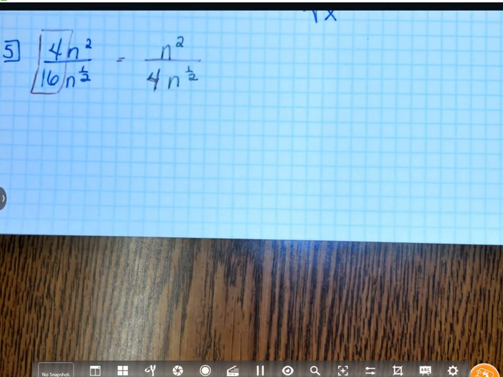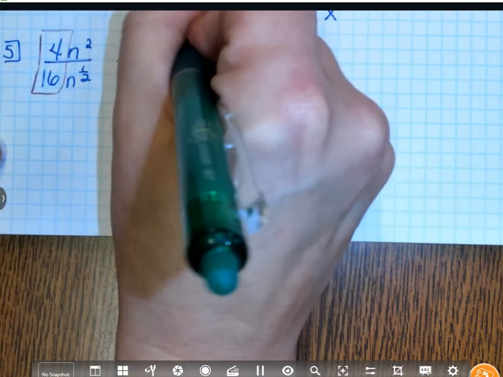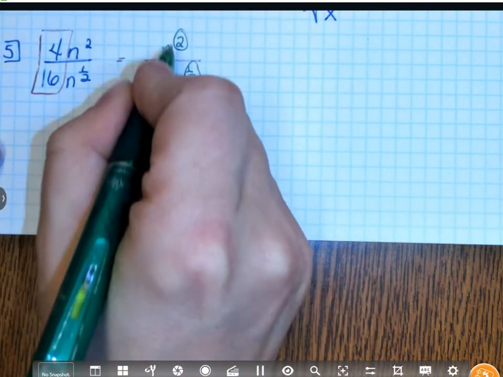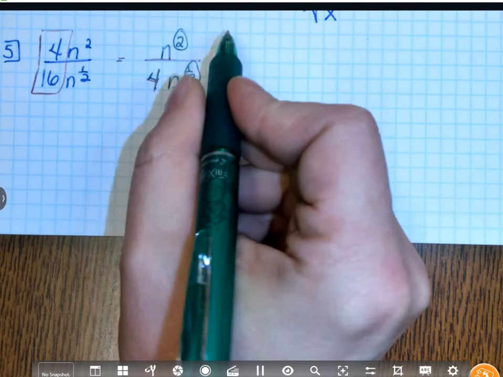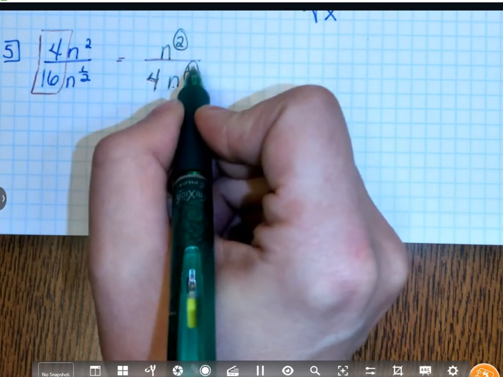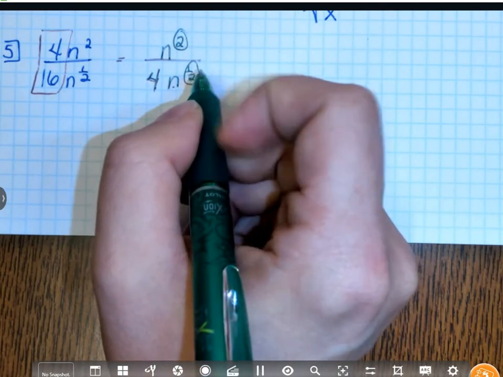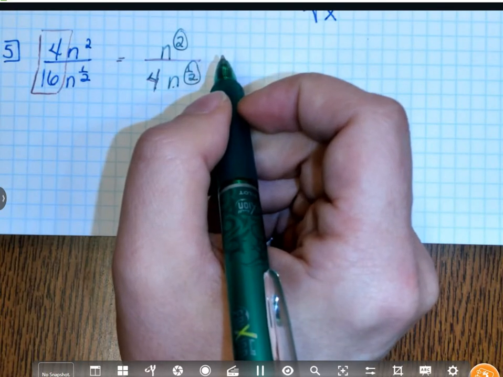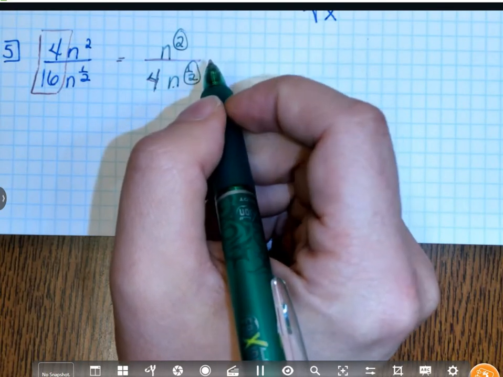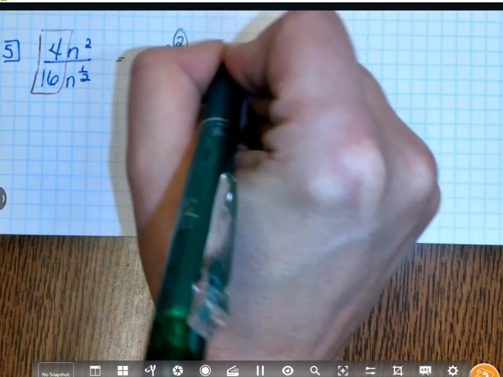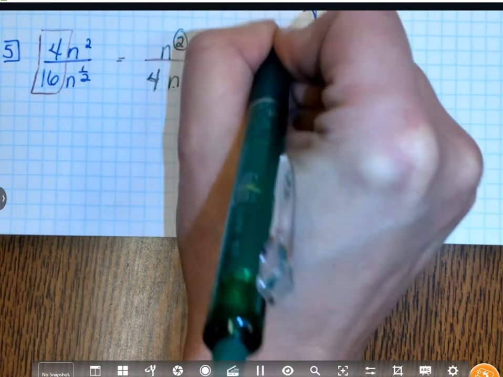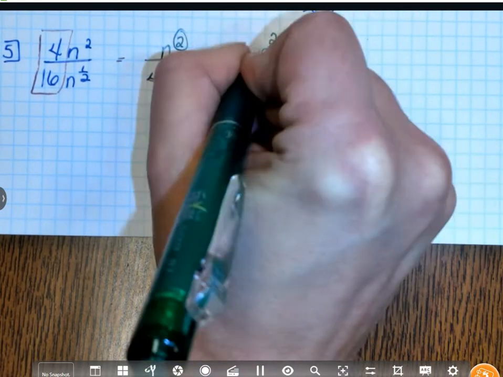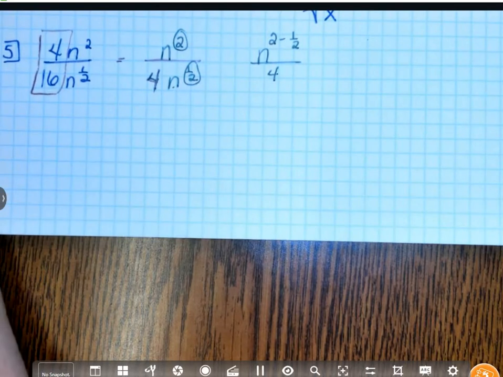To me, the easiest way to think about this is when I have same bases, something on top, something on bottom, what is my general rule for those? Subtract it. So this is going to be n to the 2 minus 1/2 over 4.